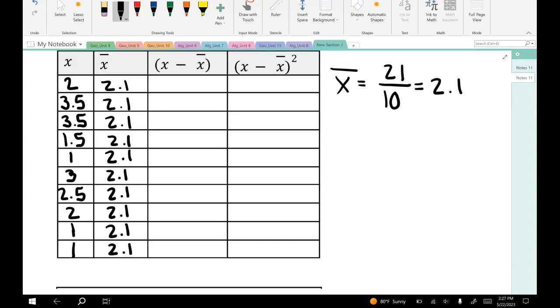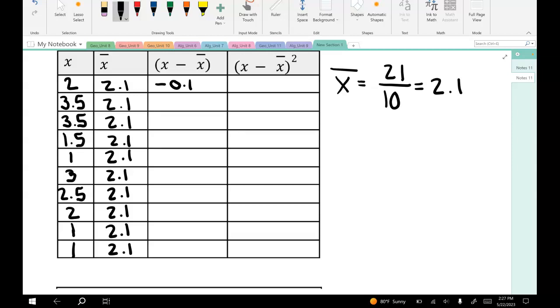So now in our third column, the column header is really our instructions of what to do. You take your x value minus your x bar value for each row. So we're going to do 2 minus 2.1, which is negative 0.1. And at the same time, since we're doing that on our calculator, we're going to do our last step as well in this row.